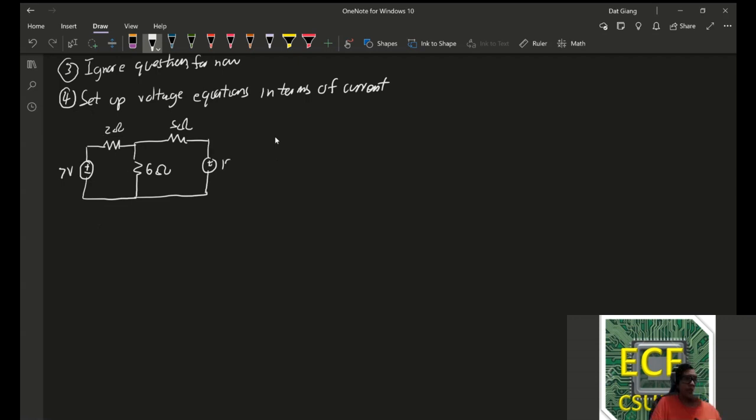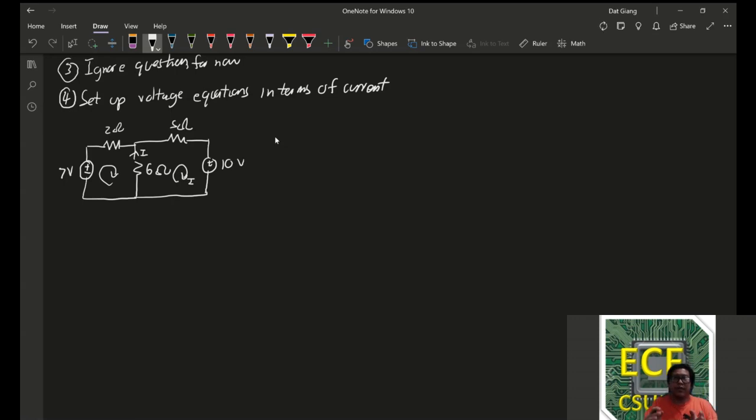Now, the assignment of values is arbitrary. We don't necessarily want to worry about it too much. And let's suppose that I ask, what is the current going into this node I? So let us suppose we first ignore this question and we draw our mesh loops.